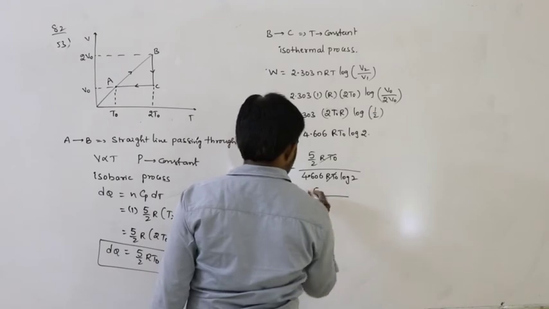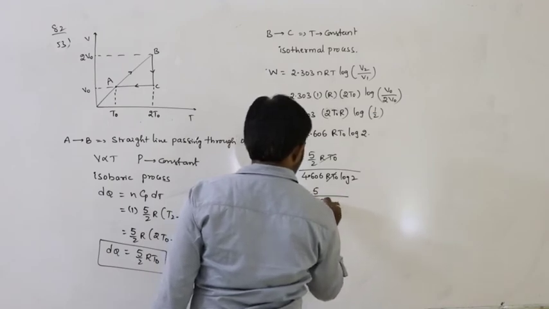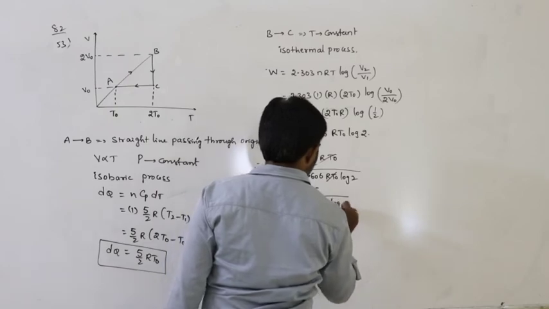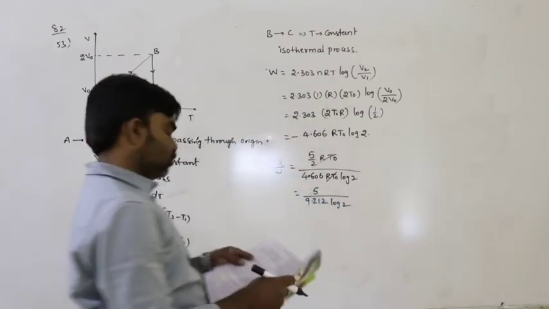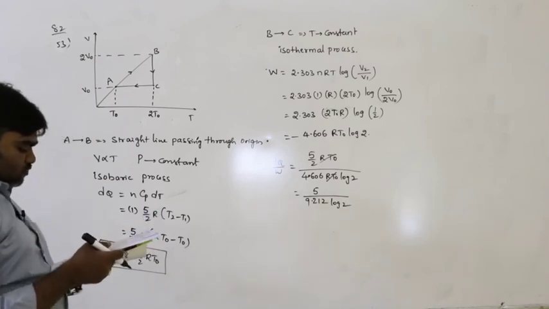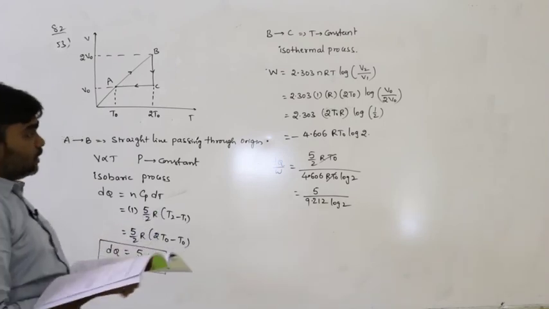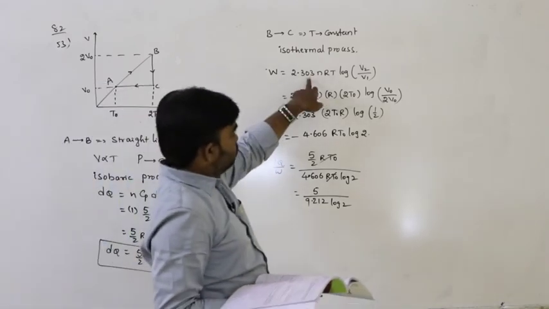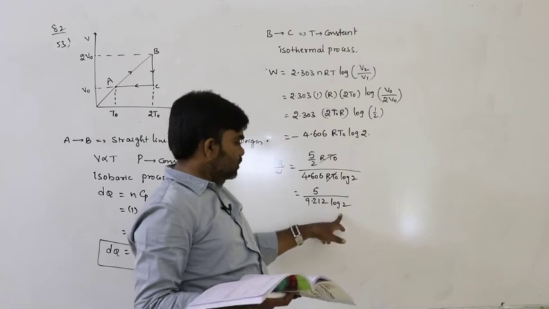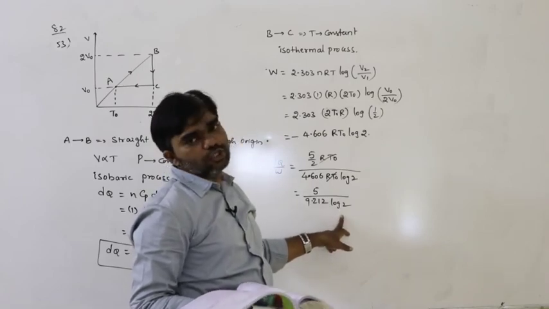So 5 by 9.212 log 2. Here 2.303 is in the sense of log base 10. Log 2 value also we can substitute, 0.3010.